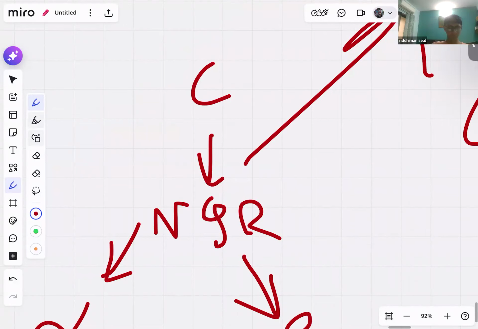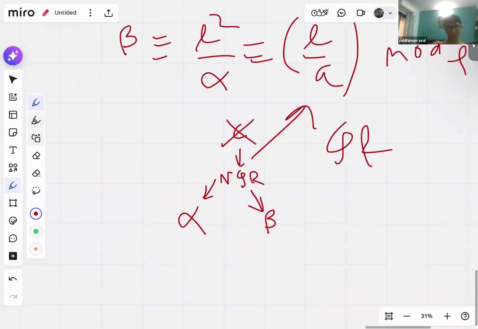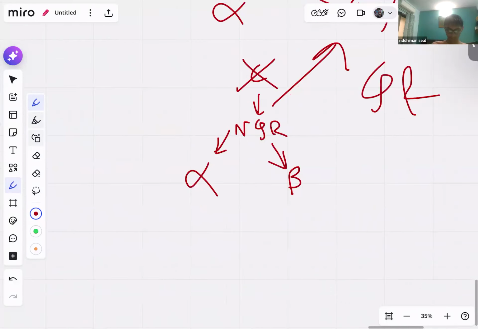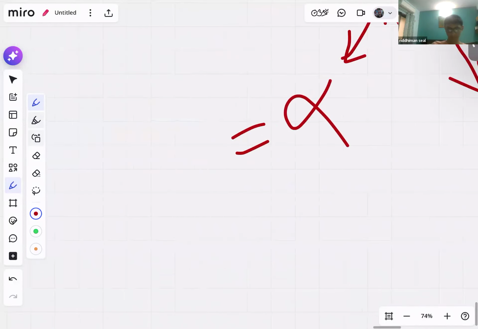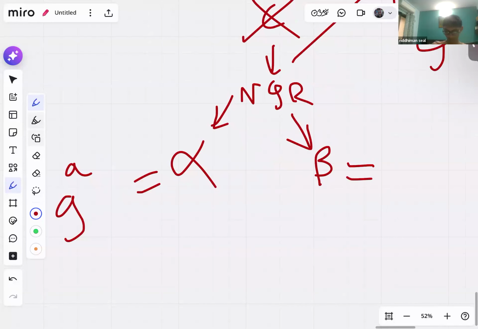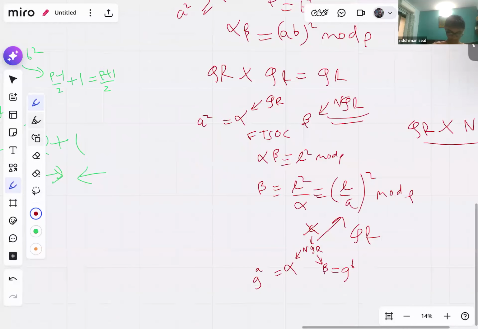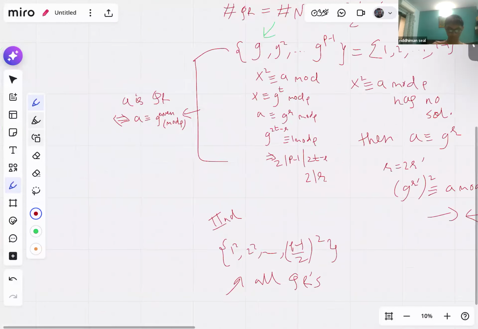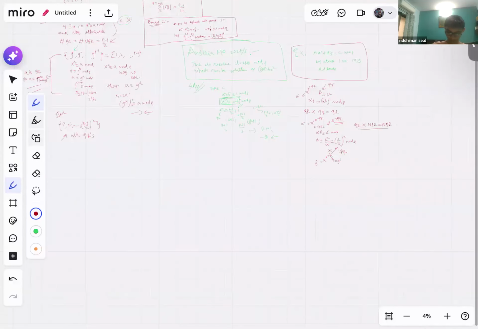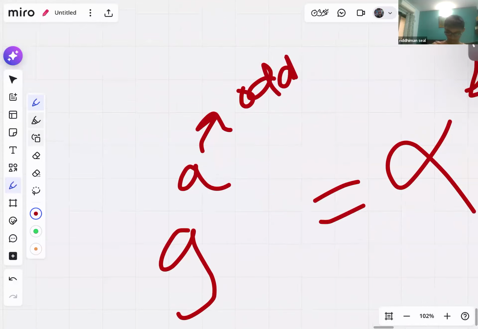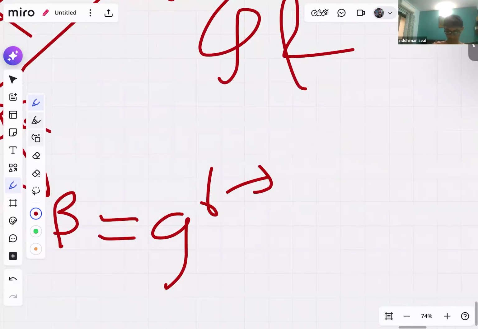And the idea is that you write it in its primitive root form. So you write this as g to the power a, you write this as g to the power b. Since it is an NQR, the exponent is going to be odd. So we know that a is odd. We also know that b is odd because beta is an NQR.